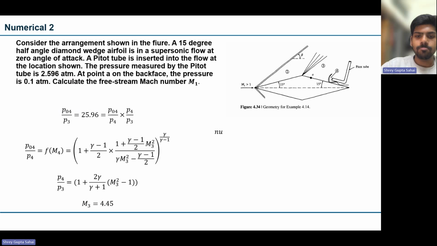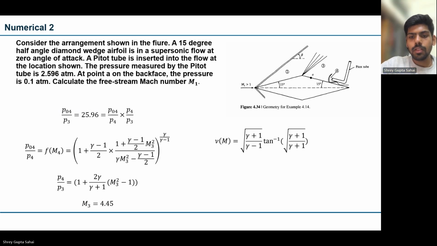mu of M is the square root of gamma plus 1 over gamma minus 1, times tan inverse of the entire thing, and this is M square.